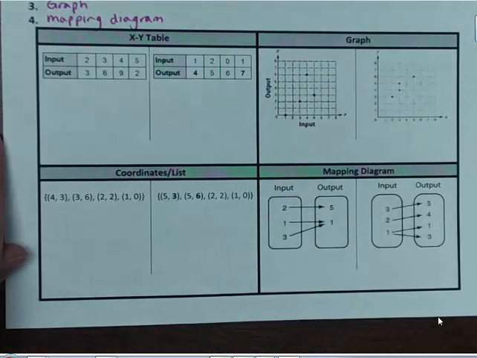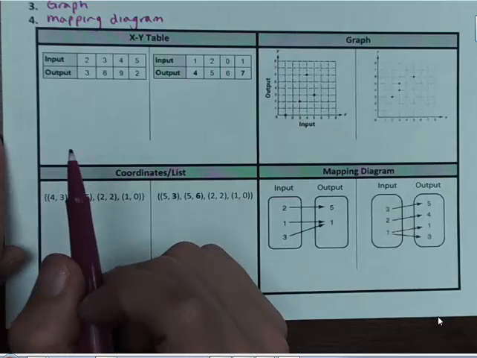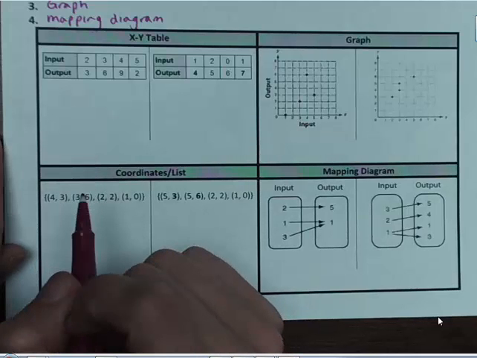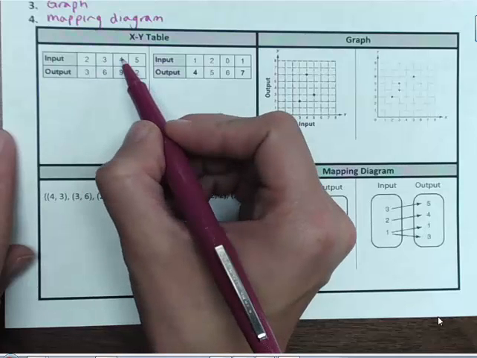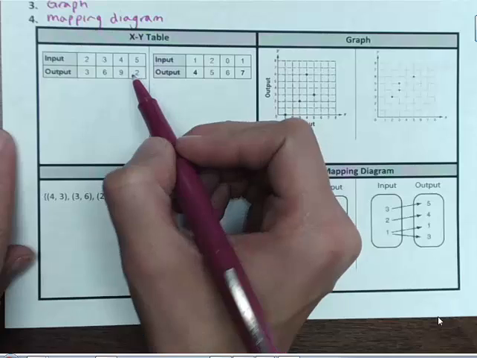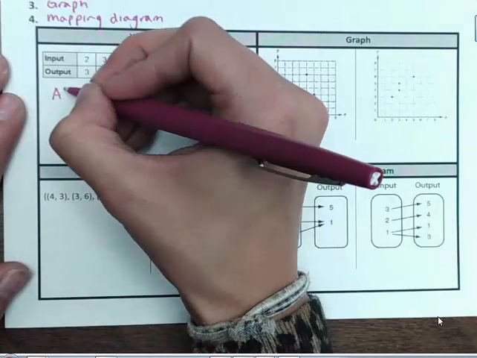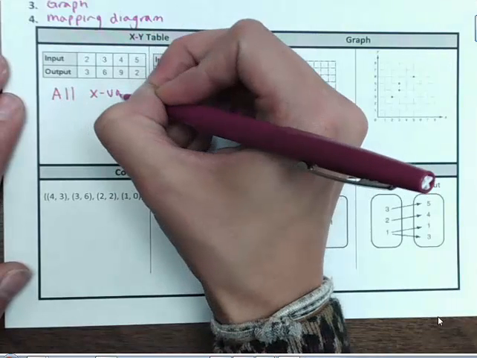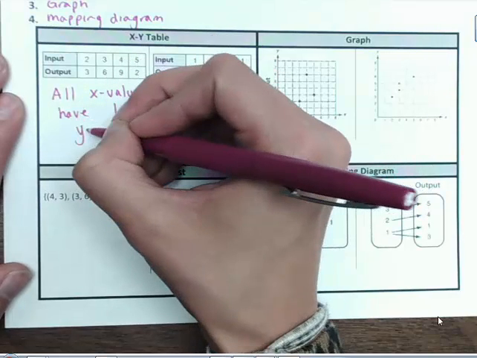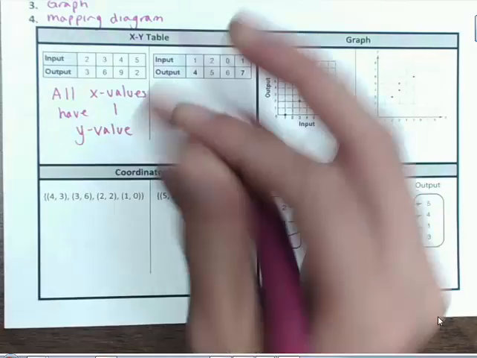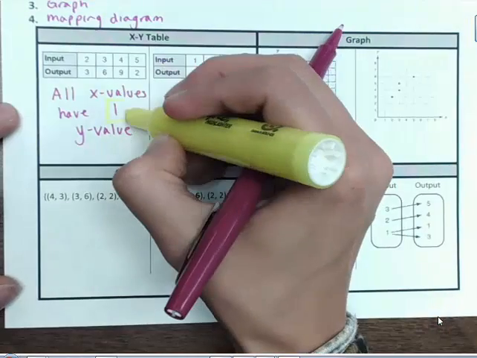Do the x values only have one y value? If I look, 2 matches up with 3, 3 matches up with 6, 4 matches up with 9, 5 matches up with 2. So this is a function because all the x values, which is our inputs, have one y value. They don't share any. So this would make a function.